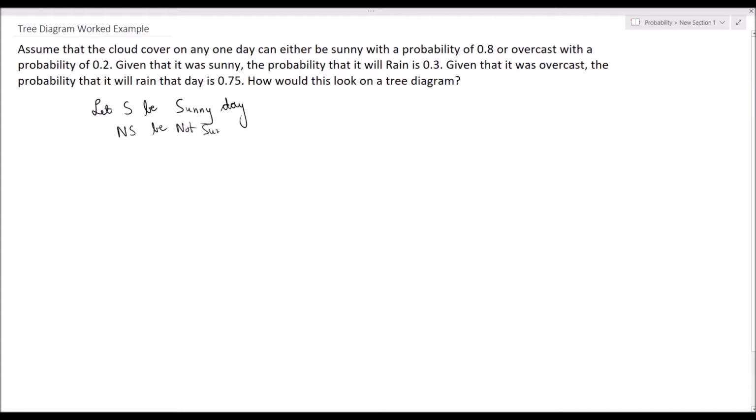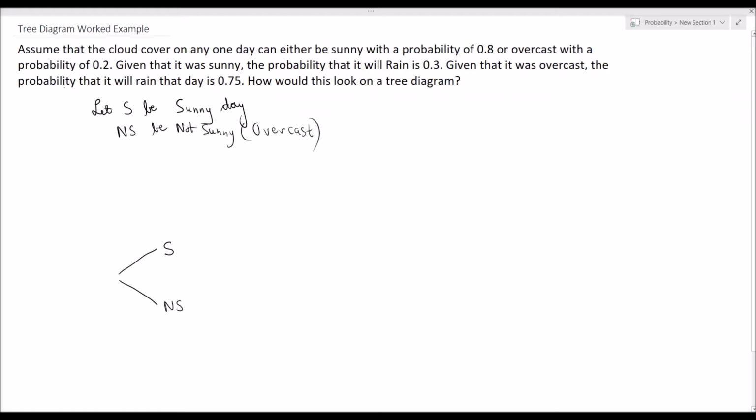What not sunny refers to is that it's an overcast day, that we have cloud cover. So these will be the first branches in our tree diagram. The first one is S for a sunny day, and the second one is NS for a not sunny day or an overcast day.